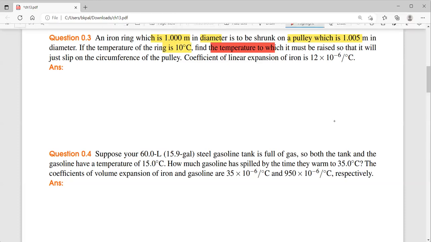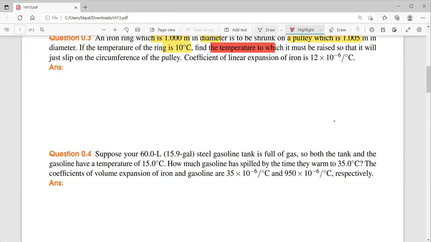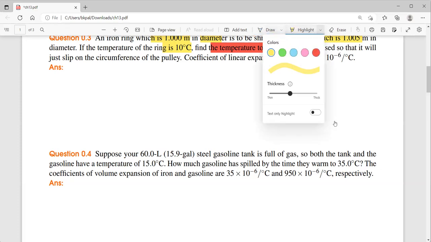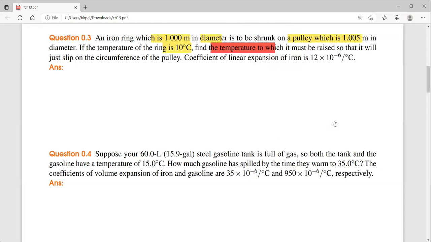Let's say both are made of steel or iron, and both have the same coefficient of linear expansion, equal to 12 times 10 to the power minus 6. Now we have to calculate the final temperature.